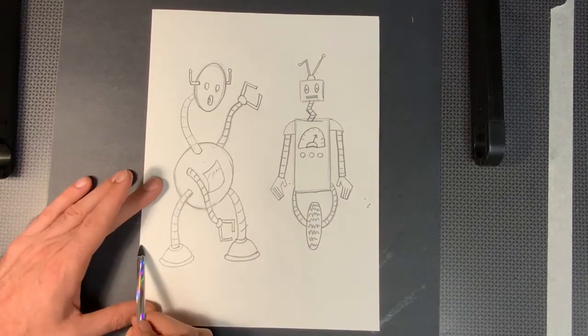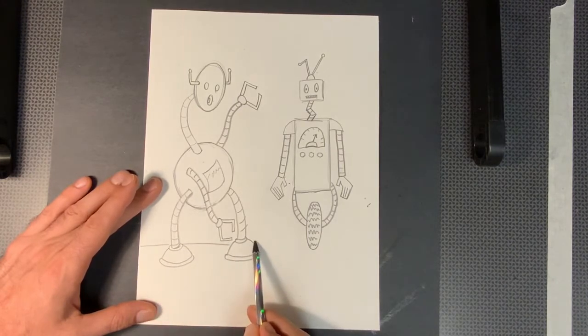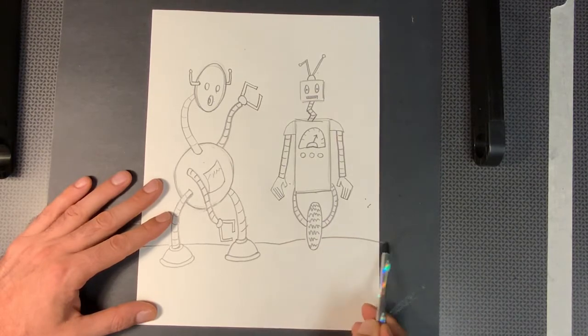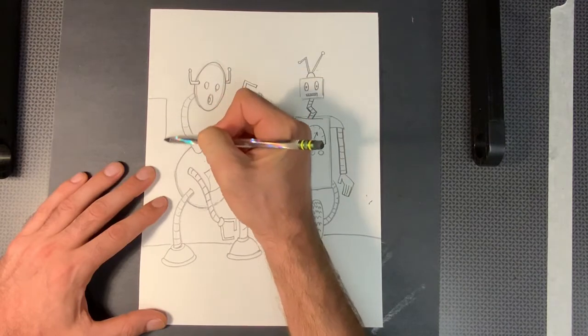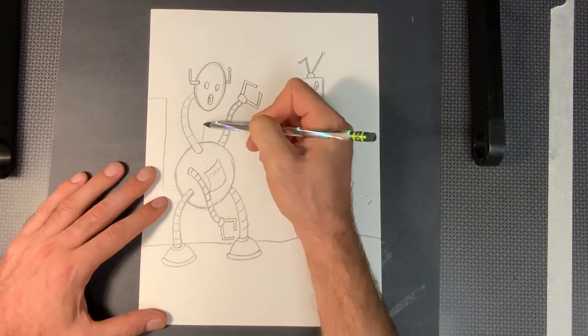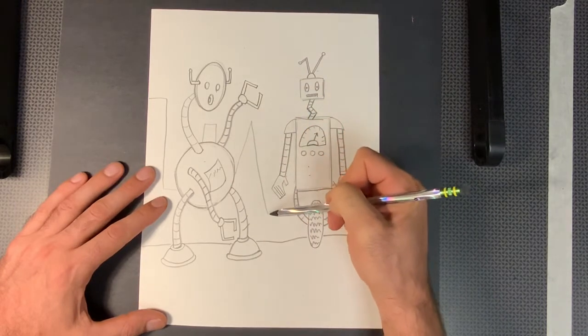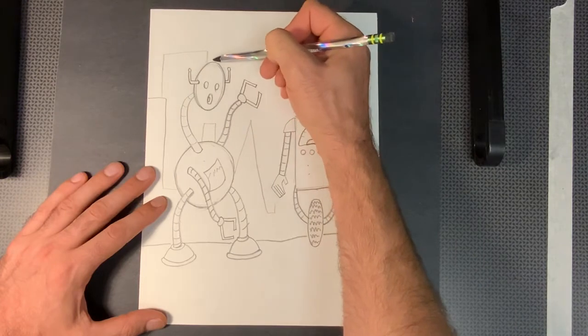We can always draw our ground line on. That's a line that makes them look like they're standing on something. And maybe I'm going to go up here so it makes sure we hit that. And you could always put in like an old city or something if you want futuristic. I might put some more buildings behind.